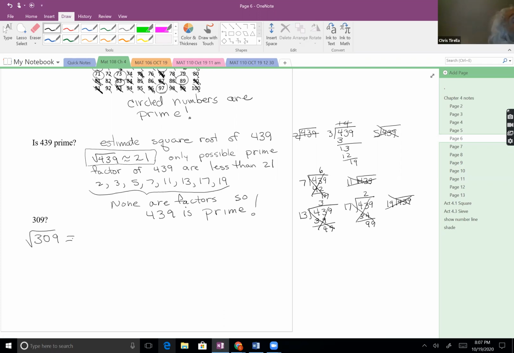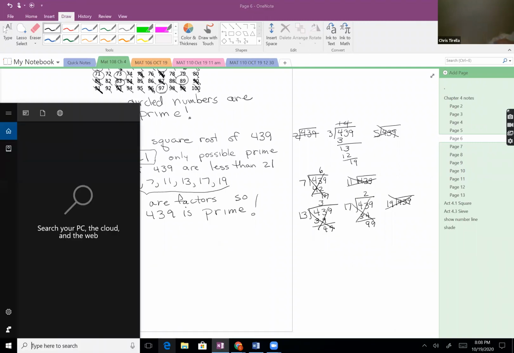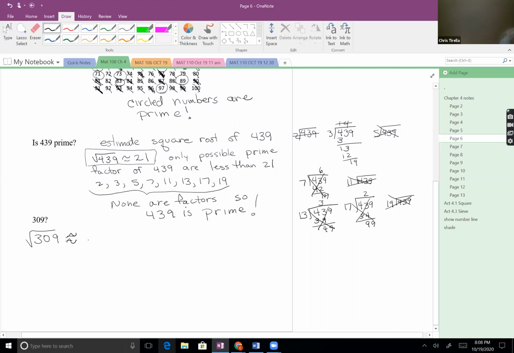If I look at the square root of 309, I get about 17. So I'd have to check, does 309 divide evenly by any of the primes less than 17, which would be 2, 3, 5, 7, 11, 13, 17.